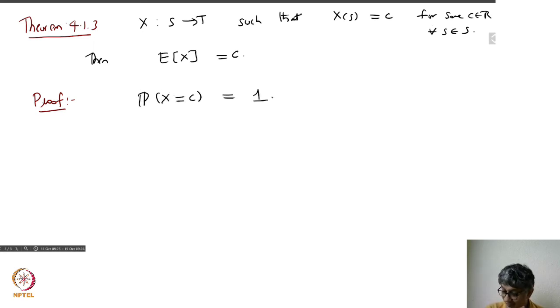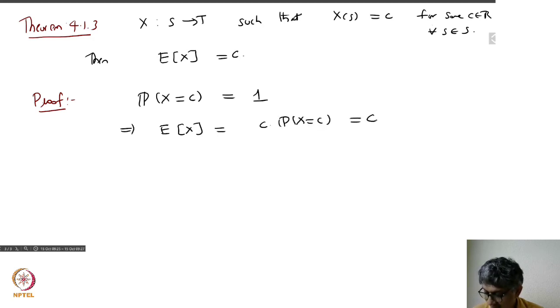So X only takes one value, c. Then this would imply that E of X is just c times the probability X equal to c, which is just c times 1, which is equal to c. It's a fairly simple calculation. So a constant random variable will have its expectation as c.